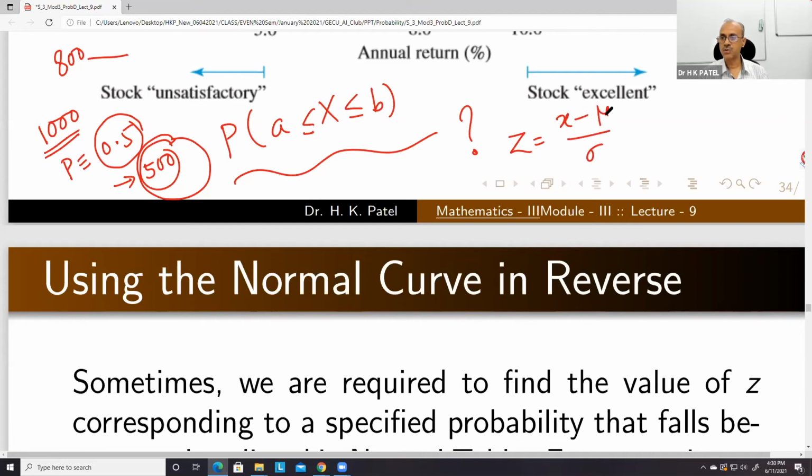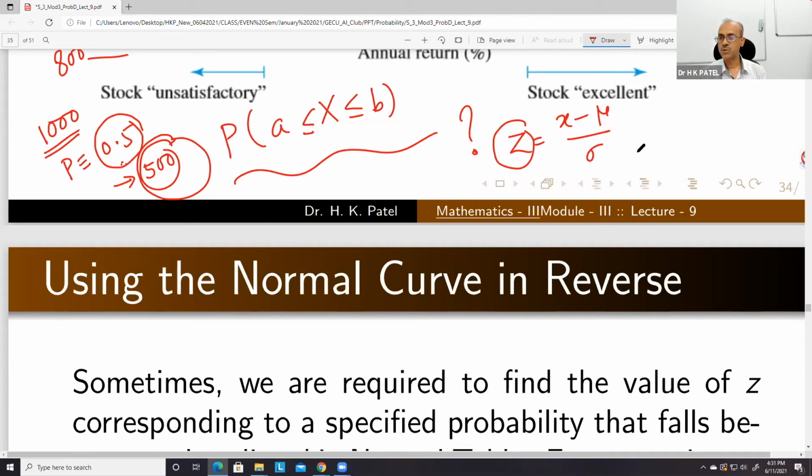If I know mu and sigma, I can find the z value, because if I have probability, I have area. The values in the normal tables are nothing but areas. So probability gives area, area I can find, and therefore I can find the z value.